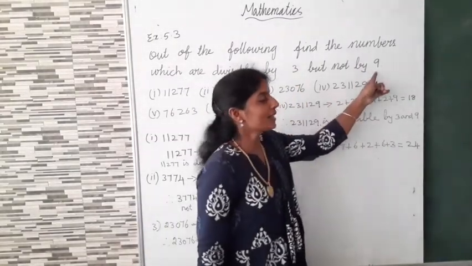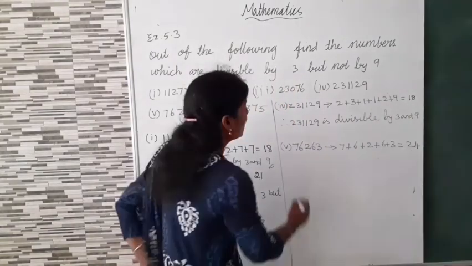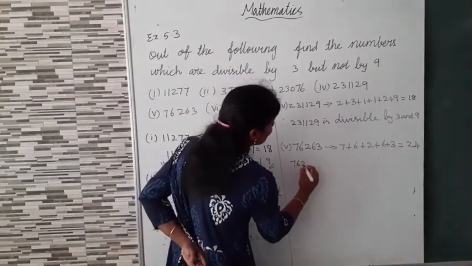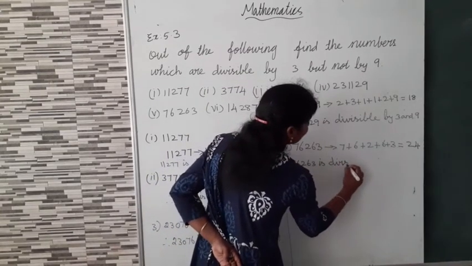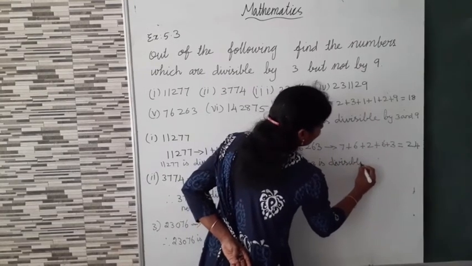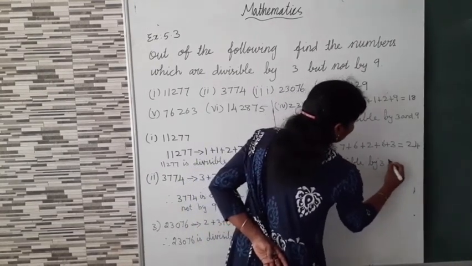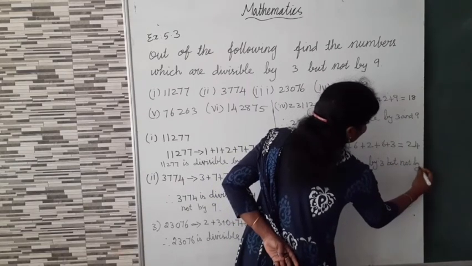In the 9 table, 3 9s are 27 but here it is 24. So 76,263 is divisible by 3 but not by 9.